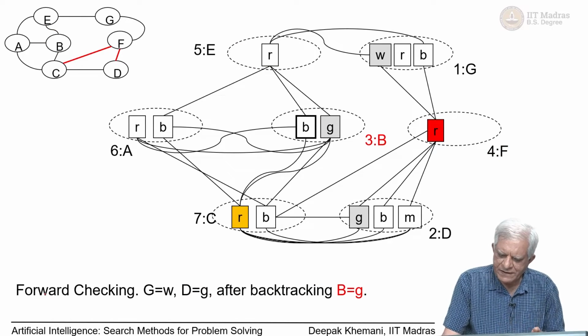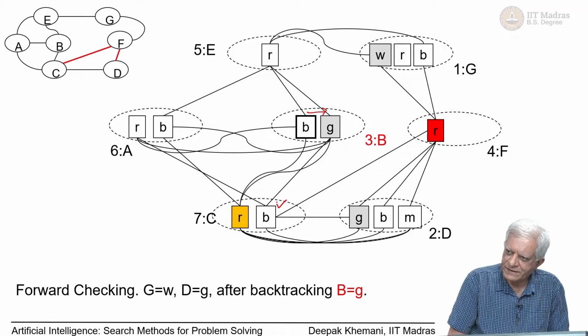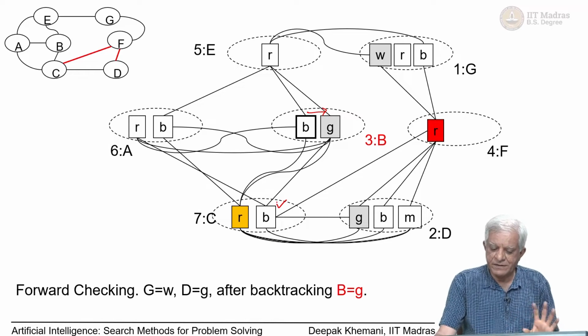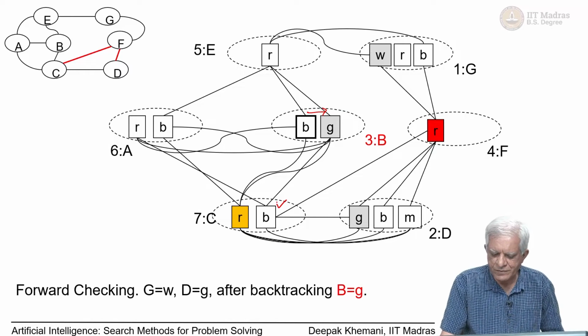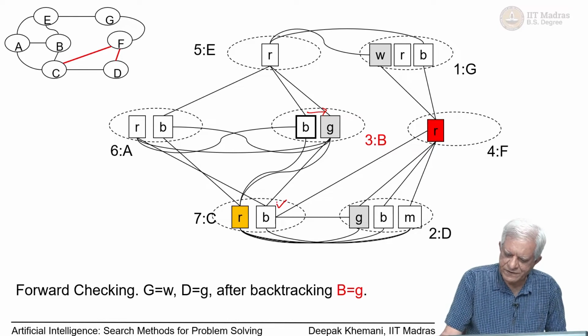Then it comes back and tries a value for R. See, now because we moved from B to G, this value is allowed for C, because now we can say that C can get a value of blue or B, because the third variable has a different value essentially.